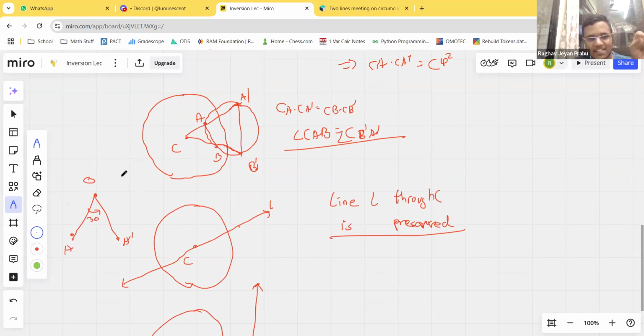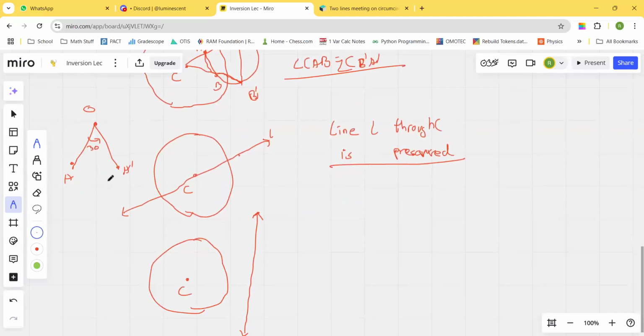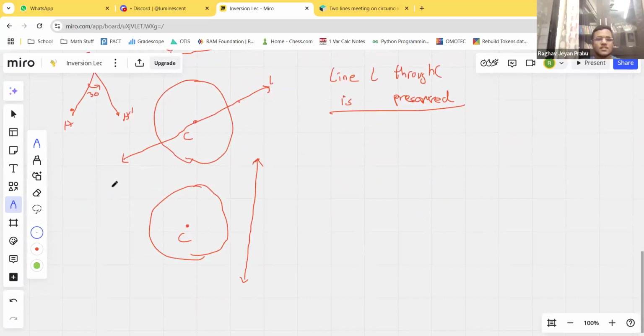So all points except O are rotated by some angle, whereas O is the only thing which is preserved. Do you get it? Yeah. Cool.